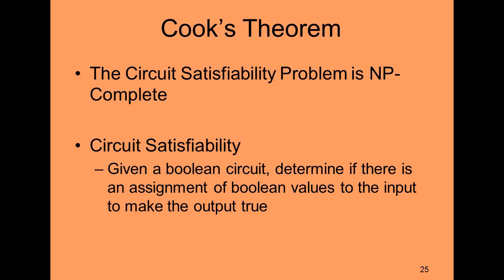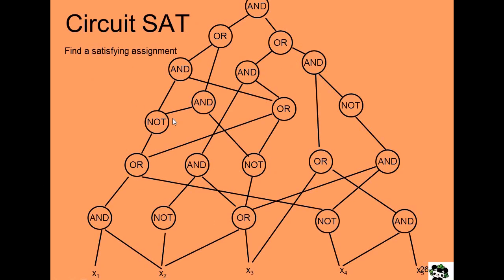So what do you mean by the circuit satisfiability problem? Circuit satisfiability is: if you are given one Boolean circuit, determine if there is an assignment of Boolean values to the inputs to make the output true. For example, this is one circuit which uses many AND or NOT gates connected in some manner, and finally there are 5 inputs.